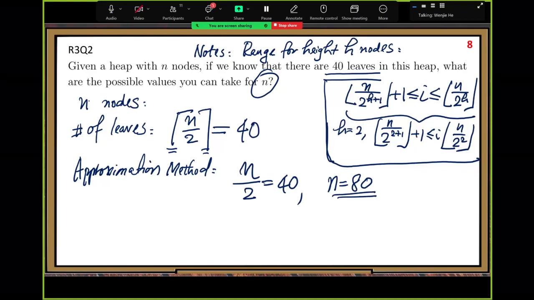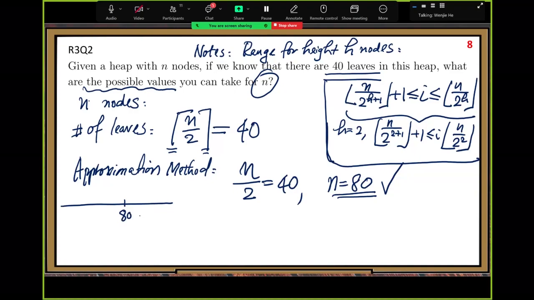And you can easily verify this is a solution. So you have one solution, n equals 80. But this question, you need to get all the possible values, right? Not just one, all the possible values. So here you have a solution at 80.